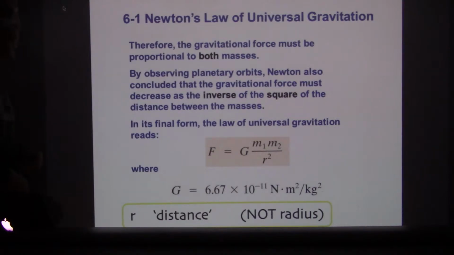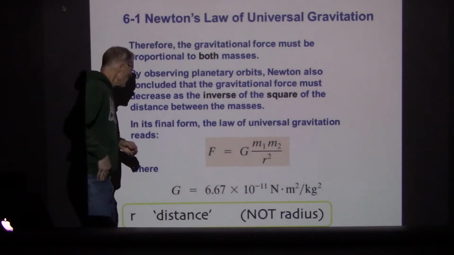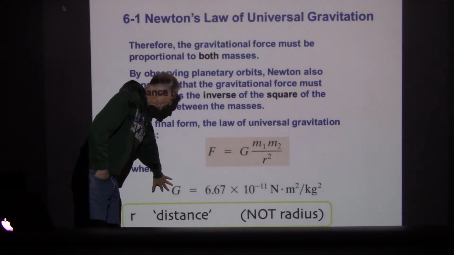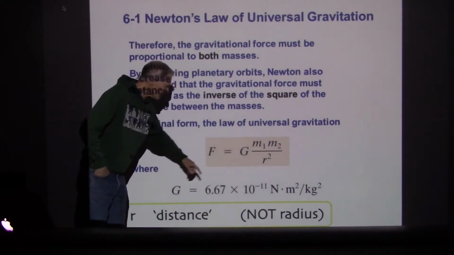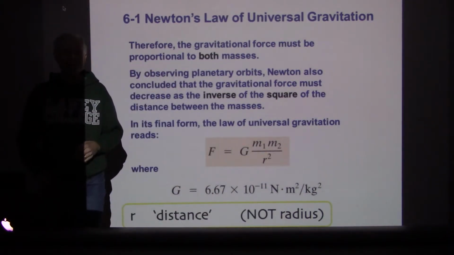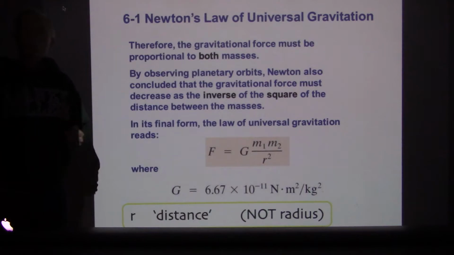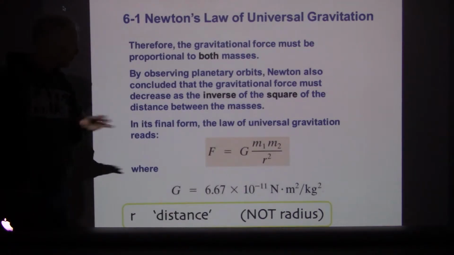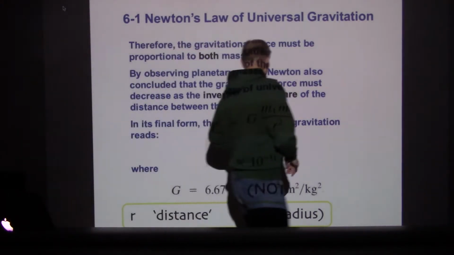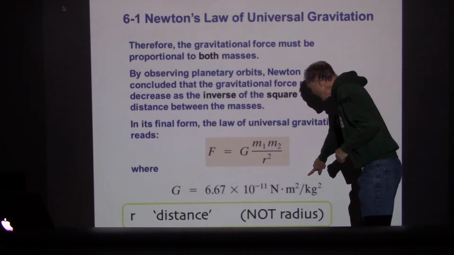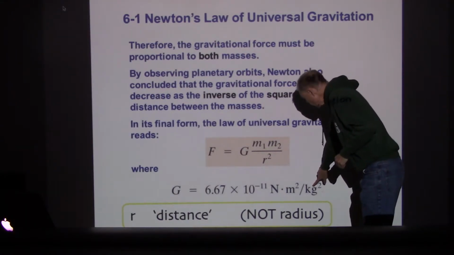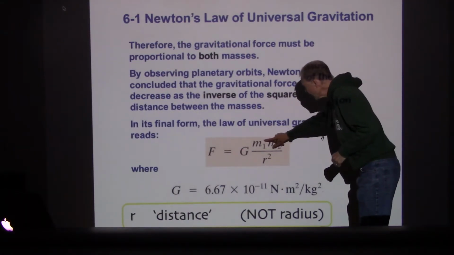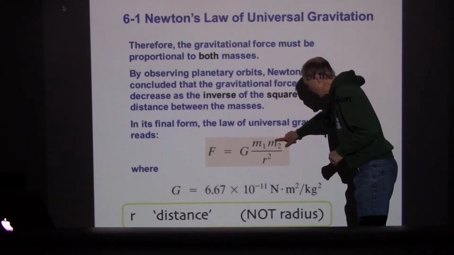So the value that we currently measure for the gravitational force constant is 6.67 times 10 to the minus 11 newtons times meters squared divided by kilograms squared. So it's a lot of units, but notice the kilograms squared cancel out the kilograms in the masses.